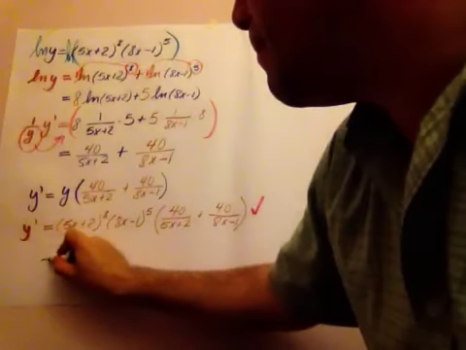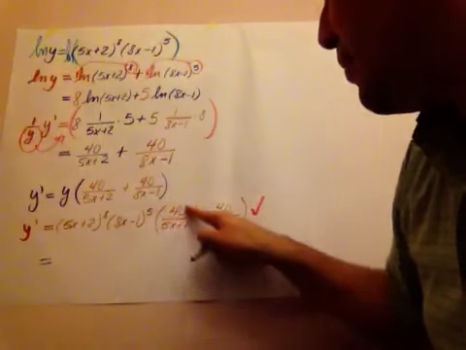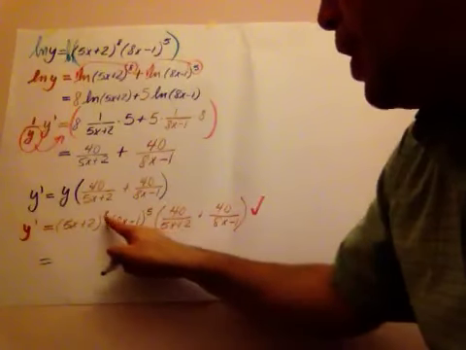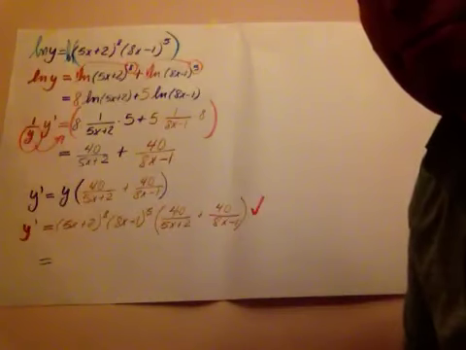Let's see. If we distribute this over this fraction, basically one of the 5x plus 2 cancels.